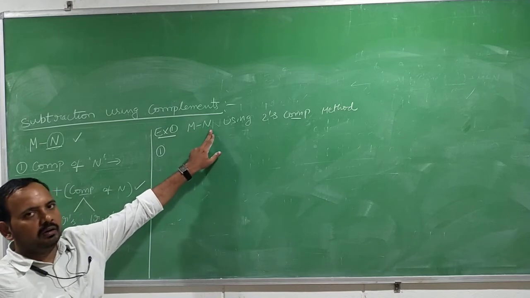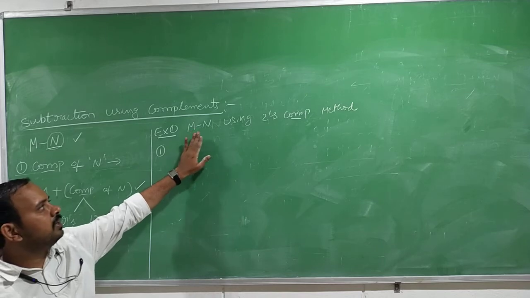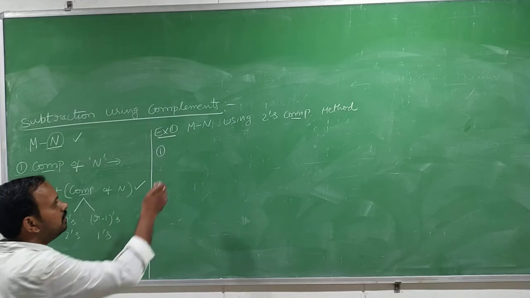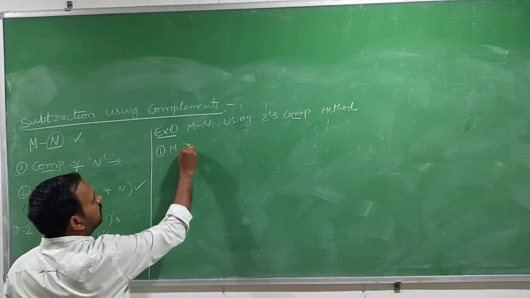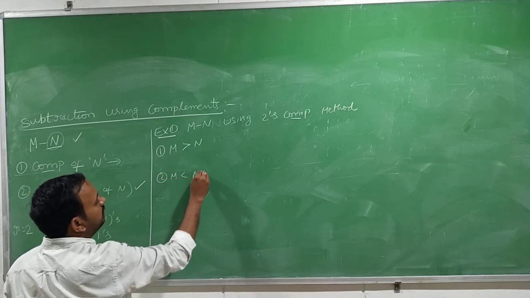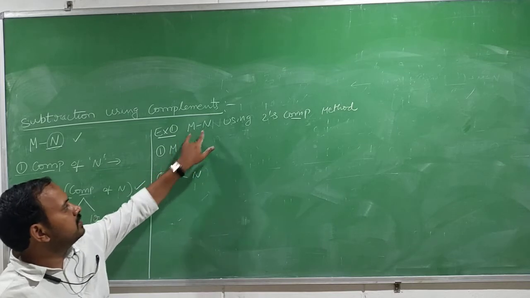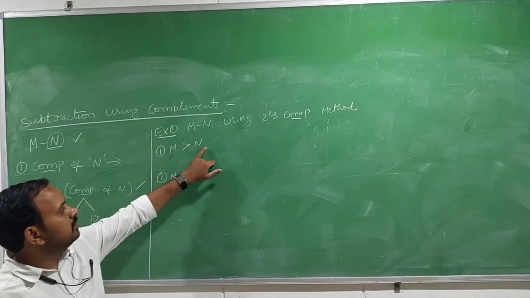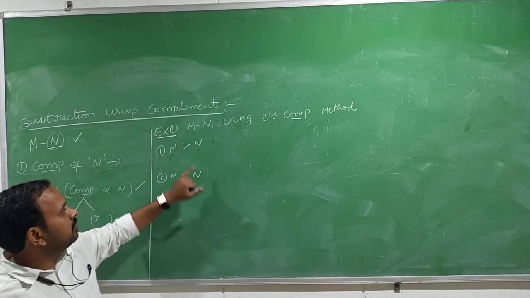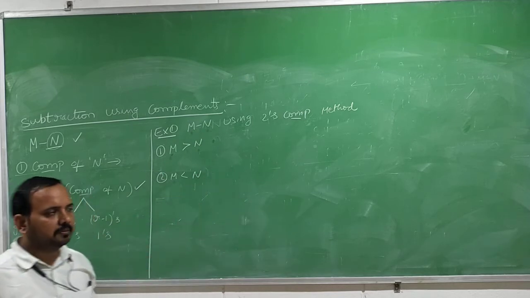If m equals n, the result will be 0. If m is greater than n, the result will always be positive. If m is less than n, that means you are subtracting a bigger number from a smaller number, and the result is negative, right?